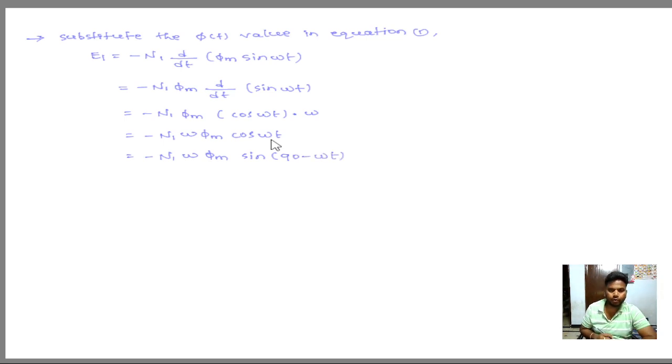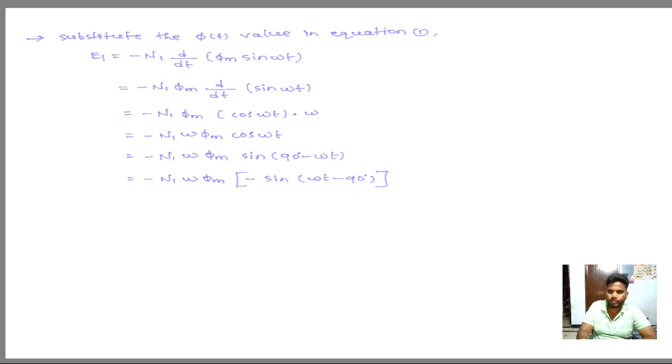I am rewriting this equation as minus sine of omega t minus 90 degrees. I am just taking the minus sign common from this. Therefore, omega t and minus 90; when multiplying with the minus sign, it is minus omega t plus 90.